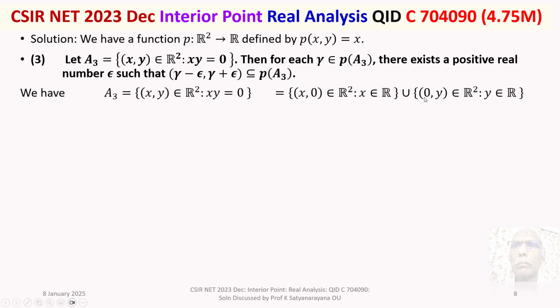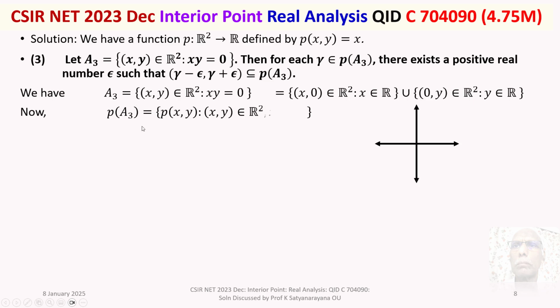Union the ordered pairs 0 comma y belongs to R square, y belongs to R. That is, this is the y-axis. Now, the x-axis, y-axis. All points on x-axis, all points on y-axis.